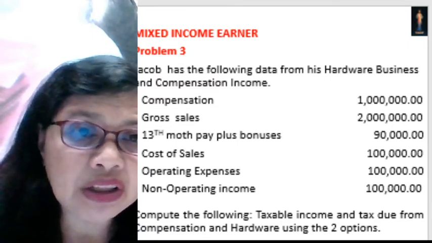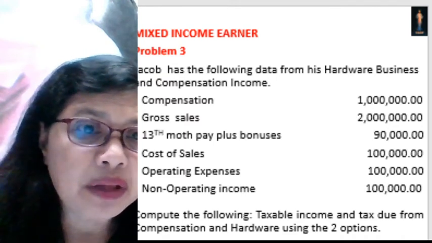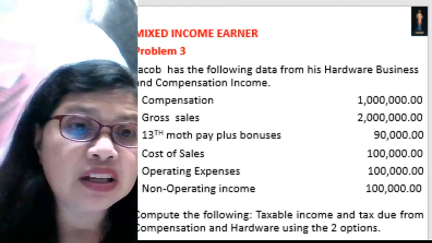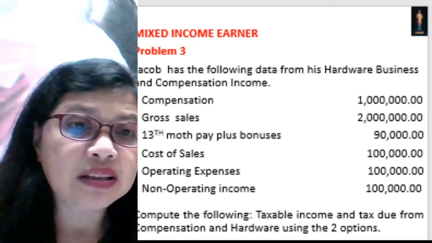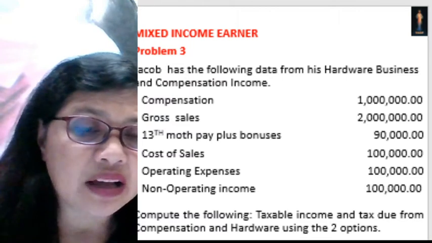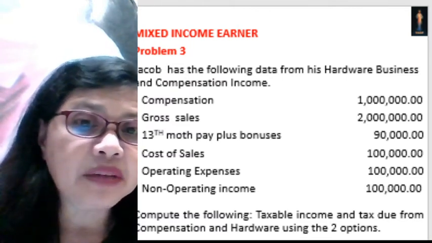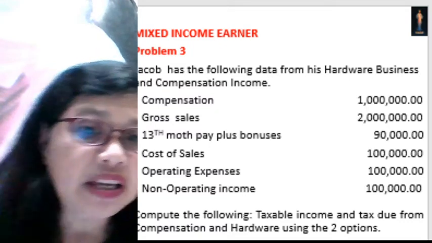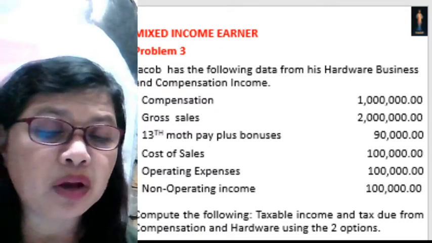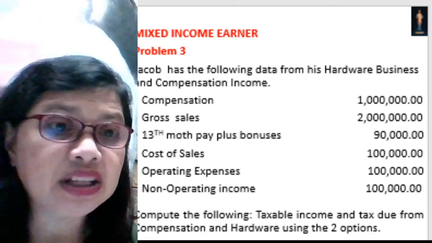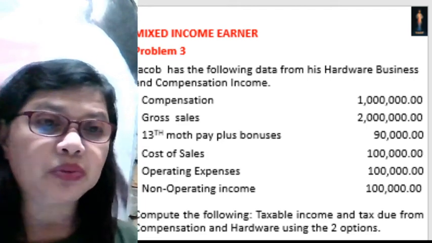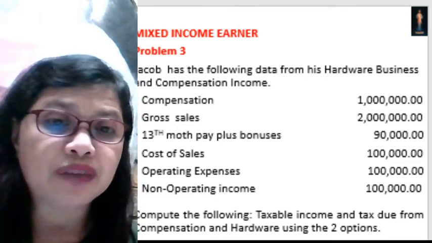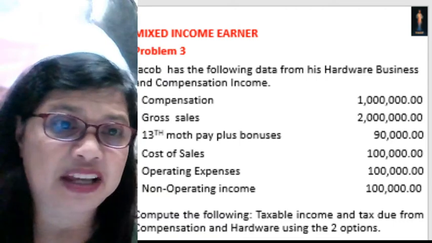Compensation is 1 million, gross sales is 2 million, 13th month pay plus bonuses is 90,000, cost of sales 100,000, operating expenses 100,000, non-operating income is 100,000. Compute for the following: taxable income and tax due from compensation and hardware using the two options. What are the two options that we have? The 8% tax rate or the 0 to 35% graduated tax table.